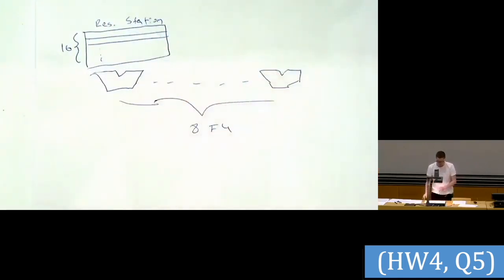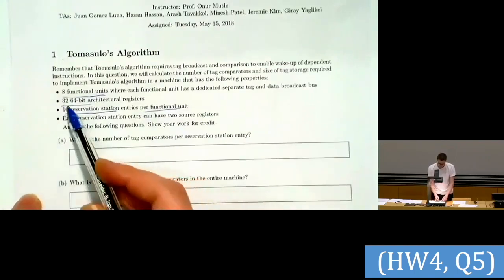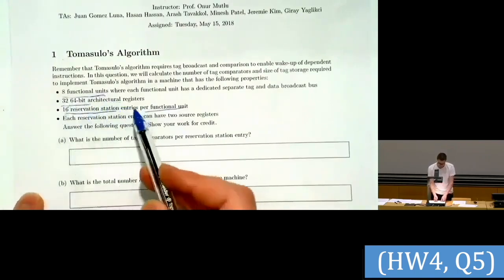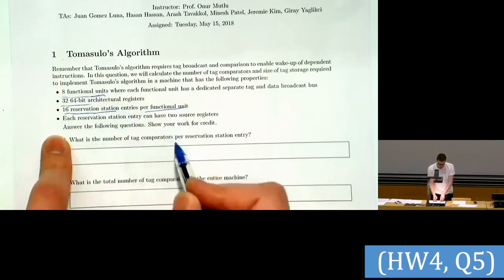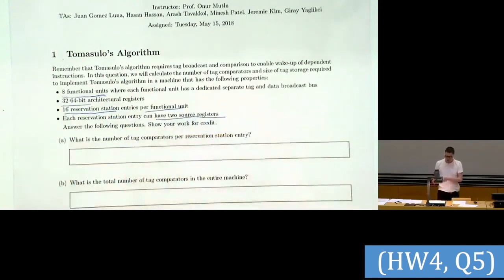There are as many reservation stations as functional units. This is what the question told us so far. Also there are 32 registers, 30 architectural registers. Importantly, each entry in the reservation station can hold up to 2 source registers.